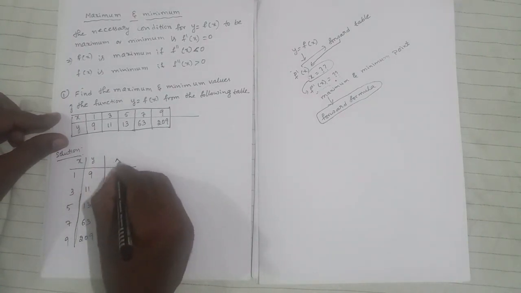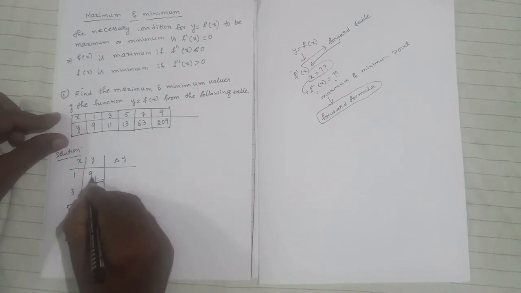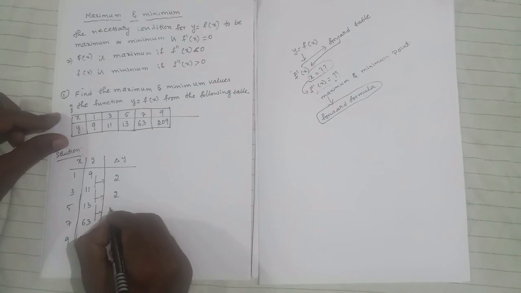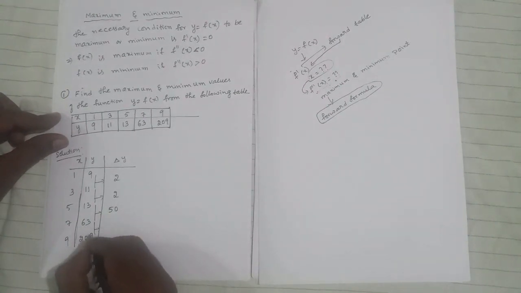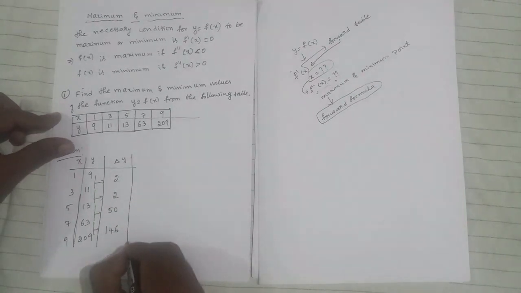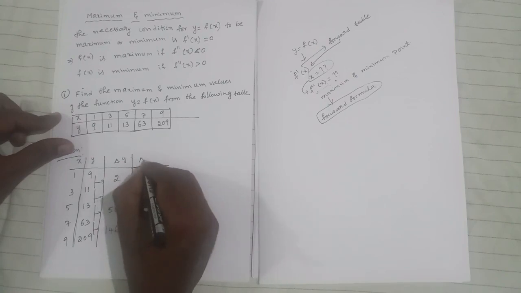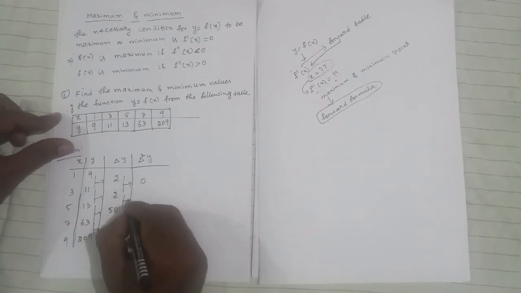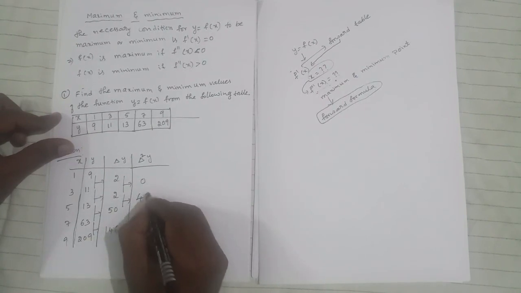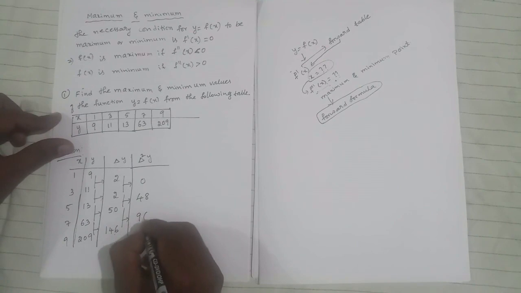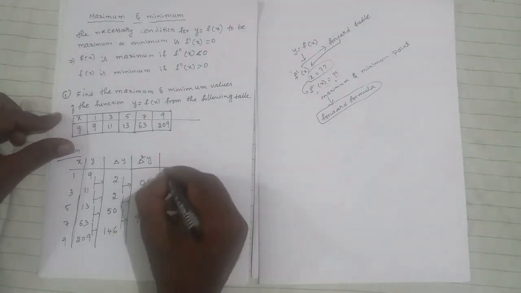Here delta y: these two differences, 11 minus 9 you get 2, 13 minus 11 you get 2, 63 minus 13 you get 50, and 209 minus 63 you get 146. Here delta square y: you get 0, 50 minus 2 is 48, and 146 minus 50 is 96.